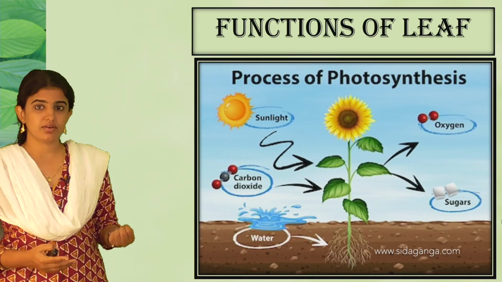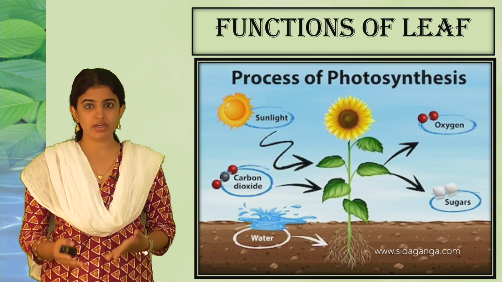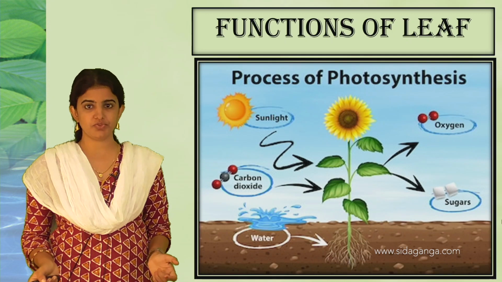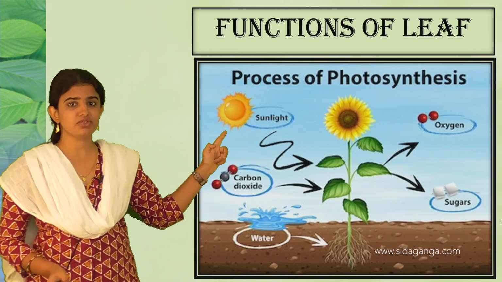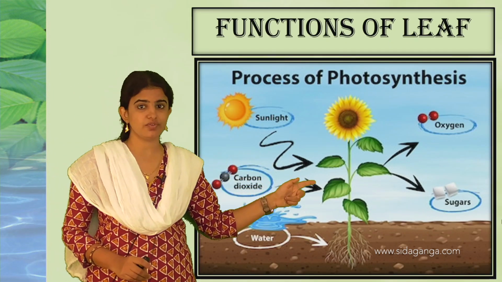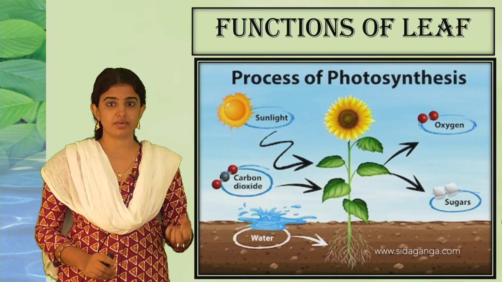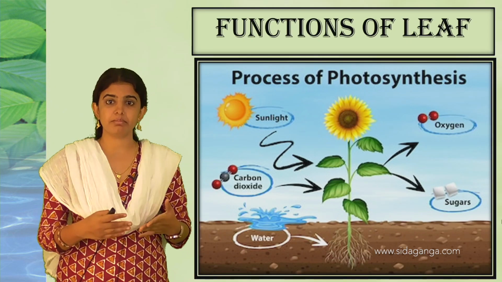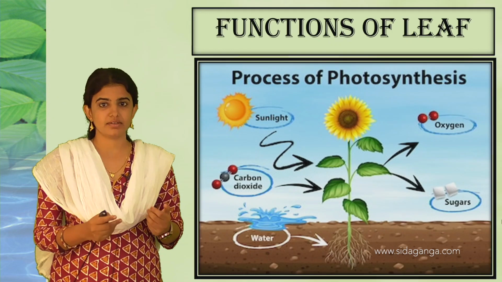By taking these simple substances, plants prepare food like starch and release oxygen to the atmosphere, using sunlight, which is the ultimate source of energy, and the chlorophyll pigment. Usually this chlorophyll pigment is present in the leaf, in the green part of the plant, and thereby photosynthesis takes place in such parts.